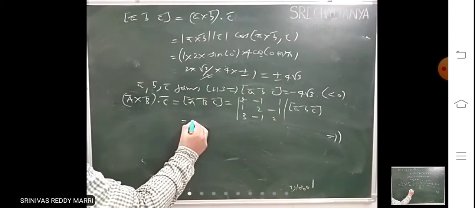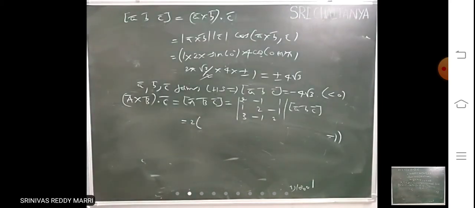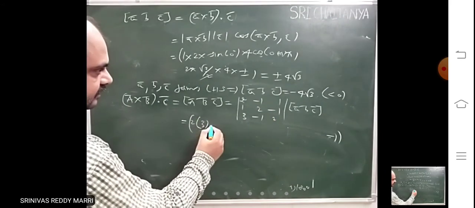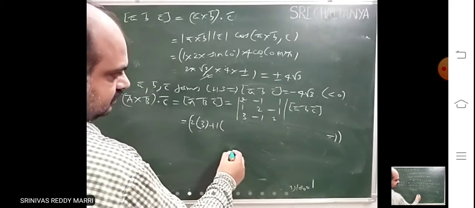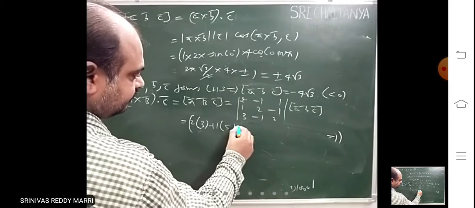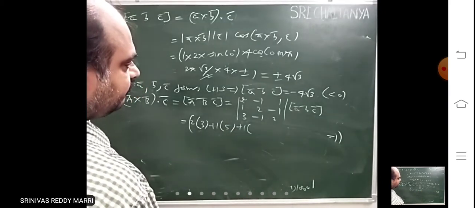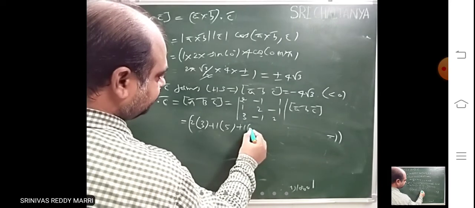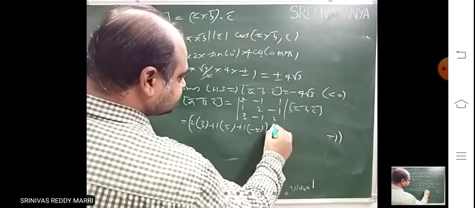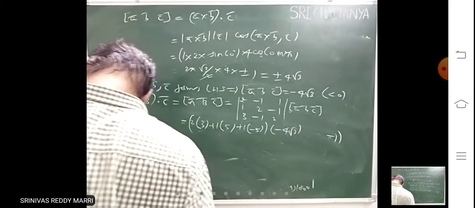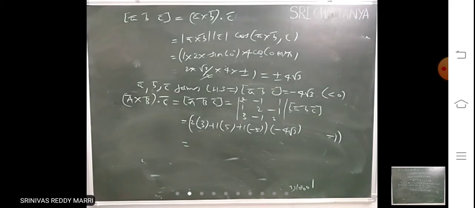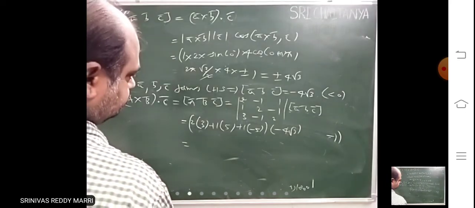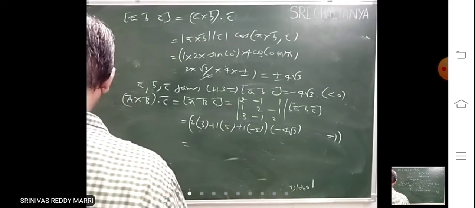That means this is 2 into 2 into, so 4 minus 3, then minus of minus plus 1 into 2 plus 3, which is 5, plus 1 into minus 2 minus 3, which is minus 5, into box ABC, which is minus 4 root 3. 2 minus 1 1.